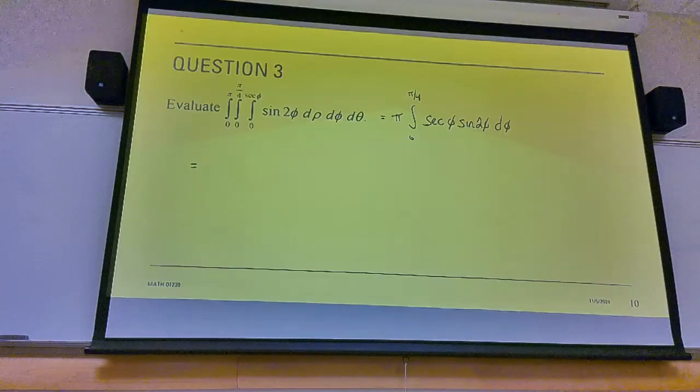Change sine 2 phi to 2 sine phi cos phi. Double angle for sine. Sine of 2 phi is 2 sine phi cosine phi. What's secant times cosine? 1. That's just sine. Oh, isn't that nice?